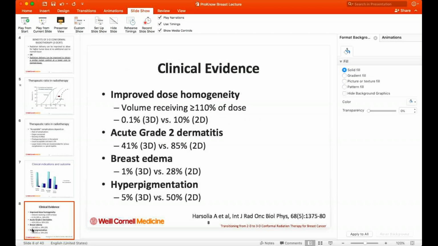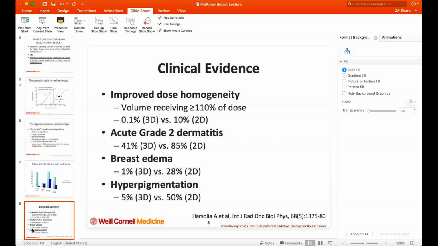I just pulled this one, published by a group that gave about 50 gray to the breast using 3-dimensional techniques versus 2-dimensional techniques. They found improved dose homogeneity: the volume that received greater than 110% of the dose was drastically decreased with 3-dimensional radiation therapy.